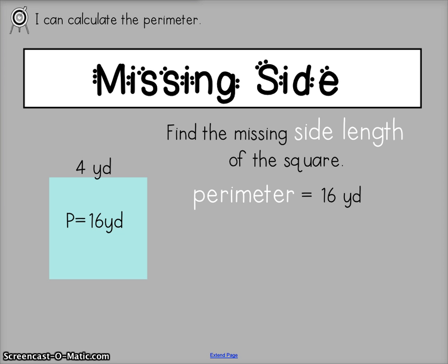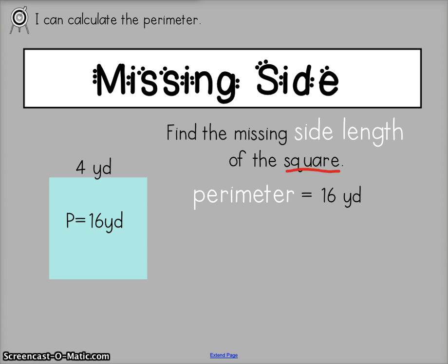So let's think about this one. Find the missing side lengths of the square. Again, I know that the perimeter is 16 yards. I know that one side length is 4 yards, but it says that this shape is a square, and something that I know about a square is that all the side lengths of squares are the exact same length.